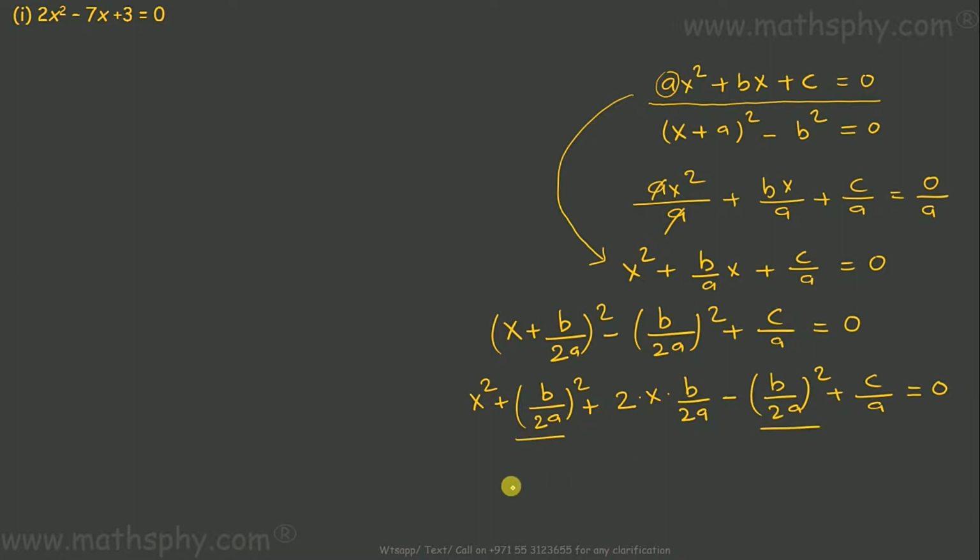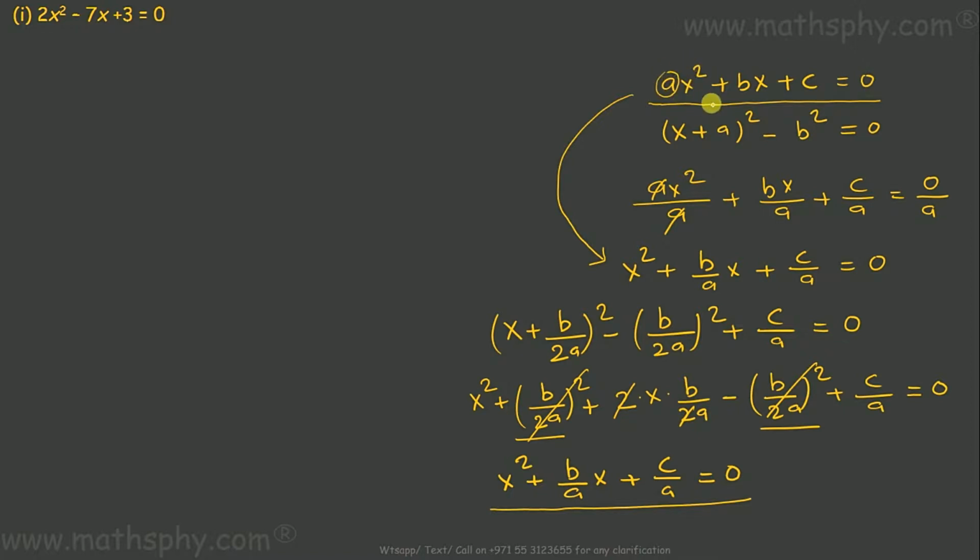This and this can be cancelled. This is positive, this is negative. The 2 cancelled. I'm back to x squared plus b over a x plus c over a equals to 0. This was my equation, x squared plus b over a x plus c over a equals to 0. I'm back to this equation. If I multiply this equation throughout by a, I'll be back to this equation.